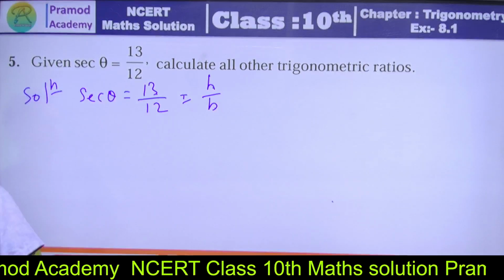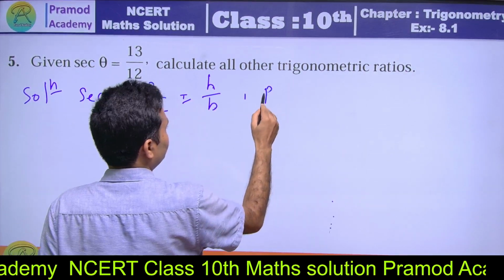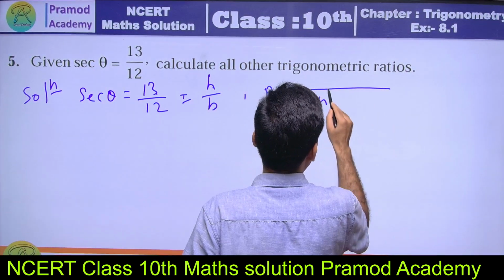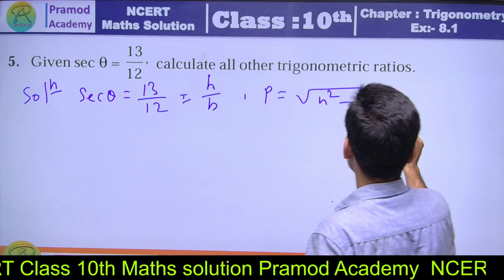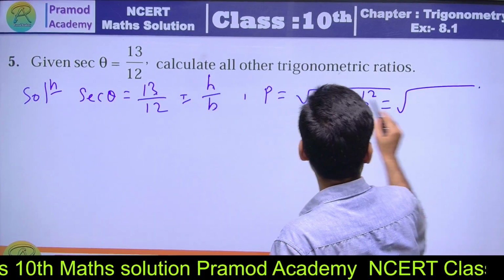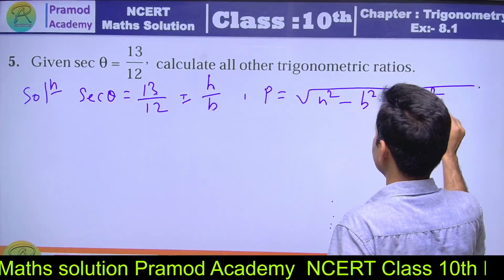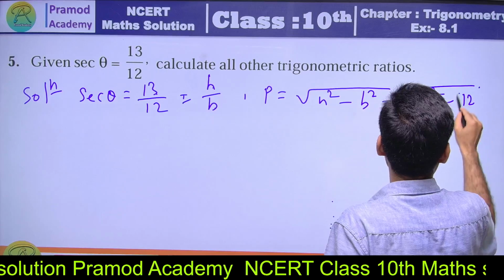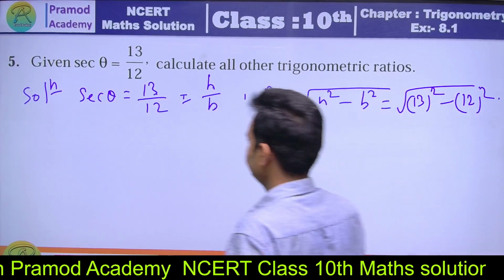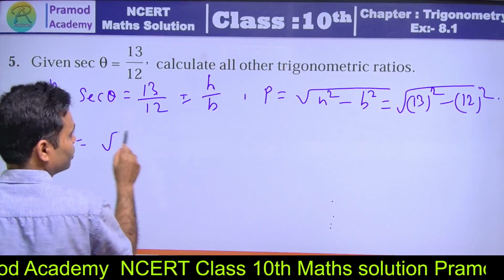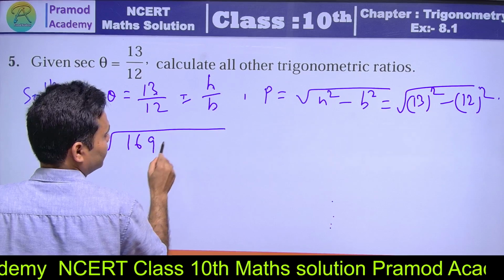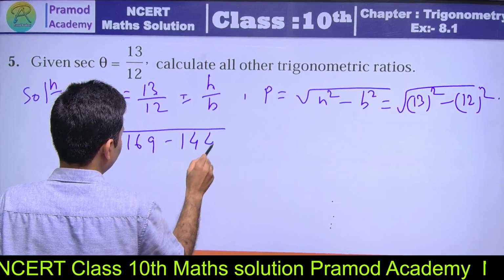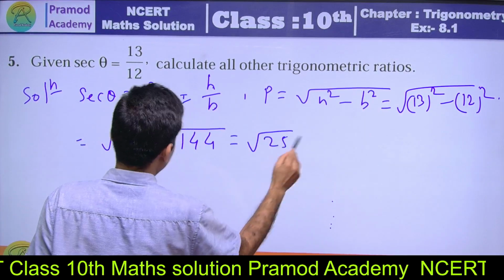Now I have to find the value of P. So P equals root under H square minus B square. So H is 13, 13 square minus 12 square. So 169 minus 144, root 25.